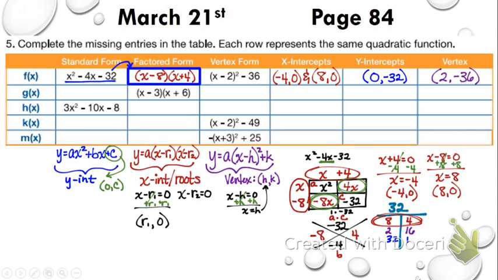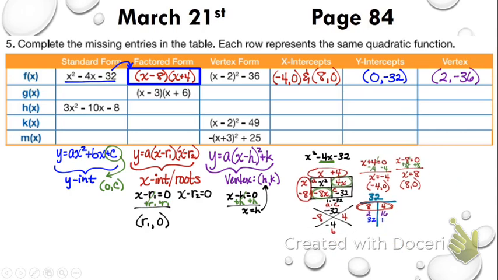So how did you get to 36? 2 and negative 36. So for the vertex, we look at which form? For the vertex, you use what form? Vertex form. Vertex form, yes. So on vertex form, is there any part of that that's already inside parentheses?